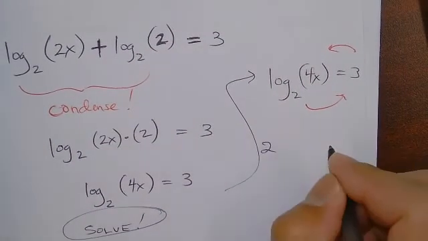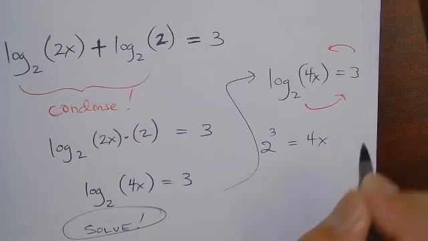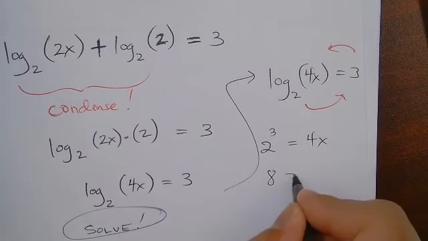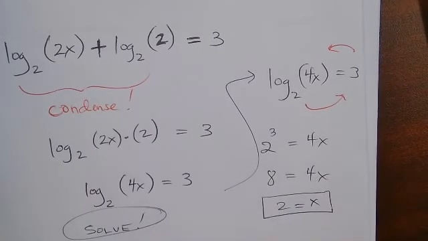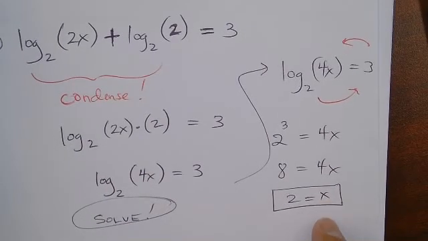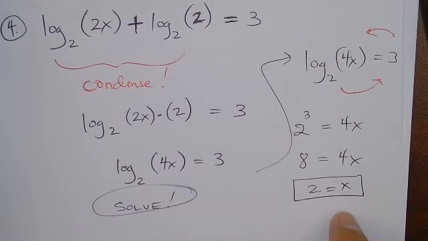That's going to be 2 to the power of 3 equals 4x. 2 to the power of 3 is 8. 8 is equal to 4x. Oh, this one's going to give us a nice answer. Are you always going to get these nice answers? No, you'll get negative numbers, you'll get fractions. Okay, everybody see how it's just using and applying everything we've learned. Questions on this one? We're good?